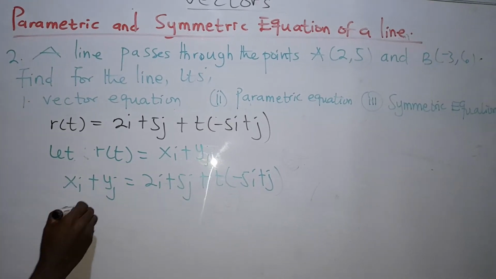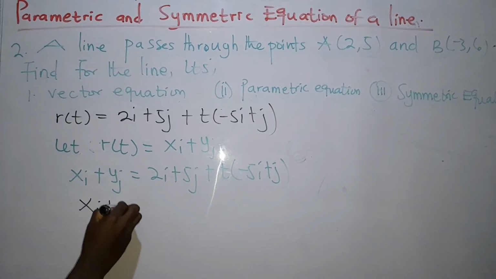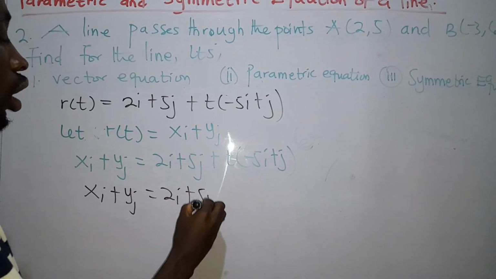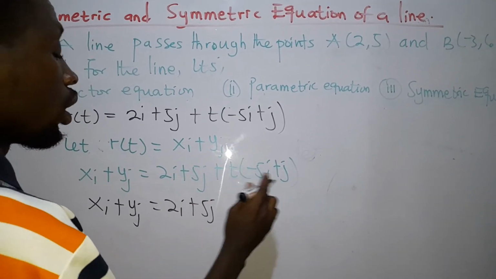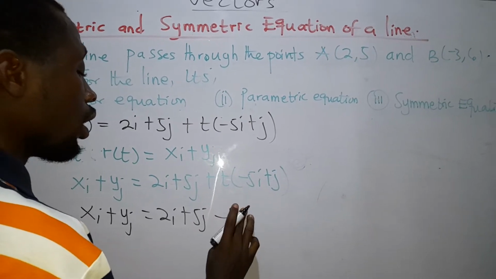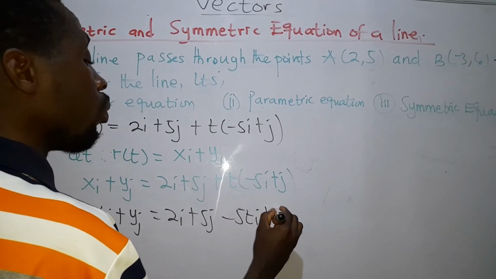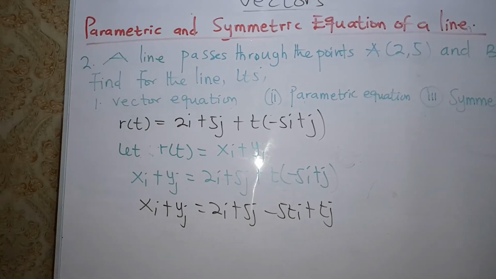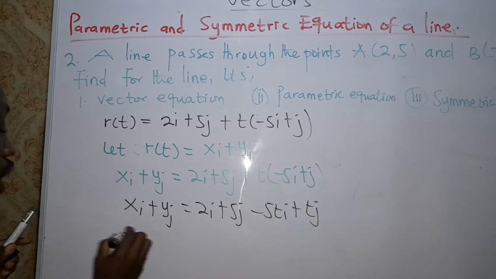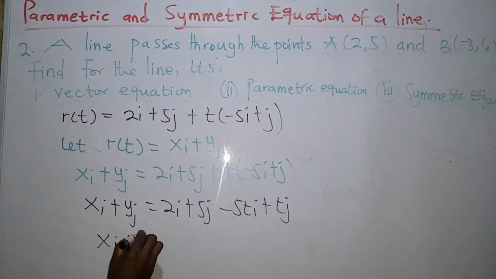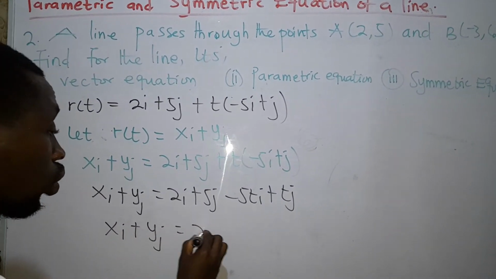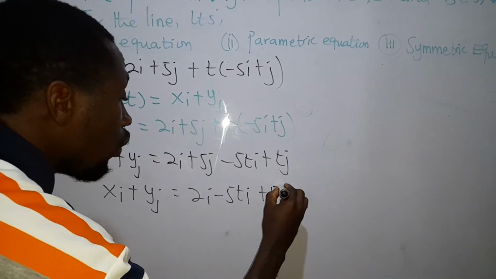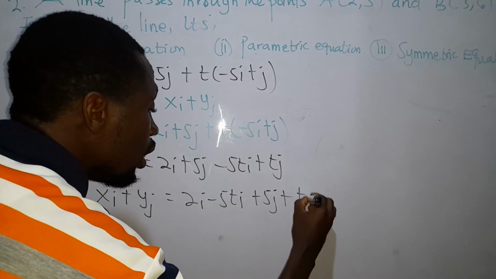So we have xi plus yj equal to 2i plus 5j, then minus 5ti plus tj. Now we can group like terms. We bring the i's together. We have xi plus yj equal to 2i minus 5ti, then plus 5j plus tj.